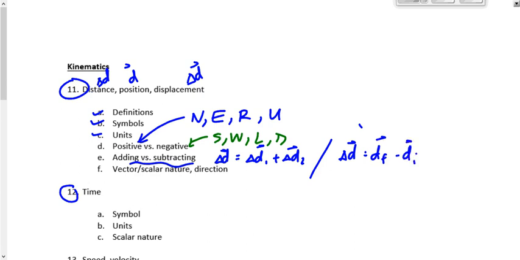Now, remember with this one, we don't have to know where I went in between. My initial position was 2 meters from the front of the room. My final is 5 meters from the front of the room. It doesn't matter if I got there in a straight line or if I did this and then climbed over a desk. I won't do that to get to 5 meters in front. In the end, it's final minus initial, however I ended up getting there.